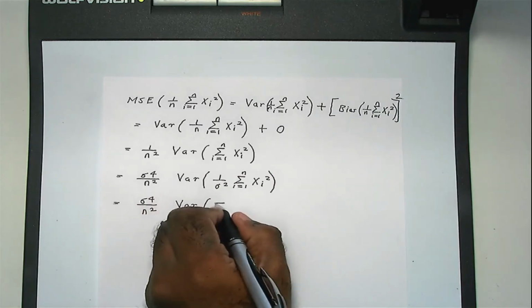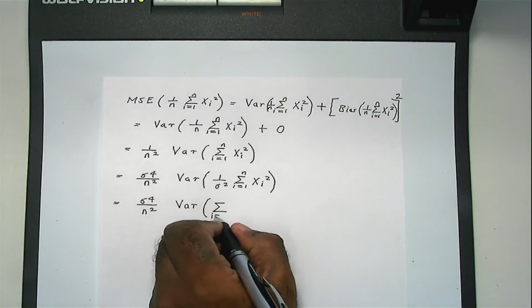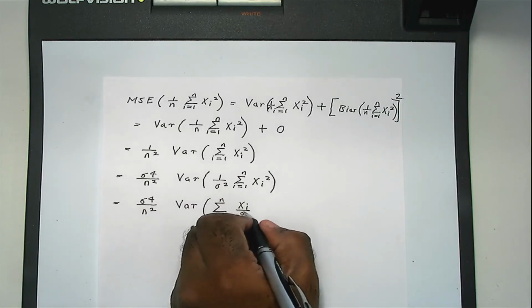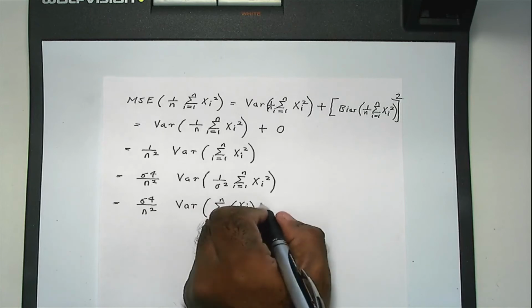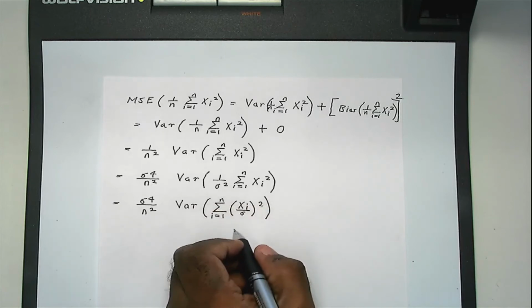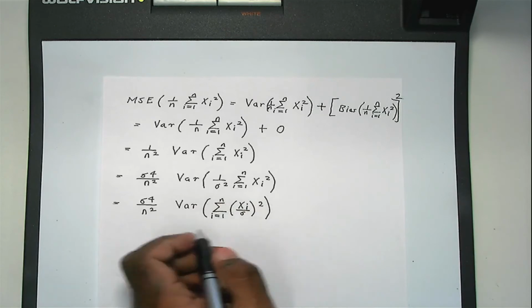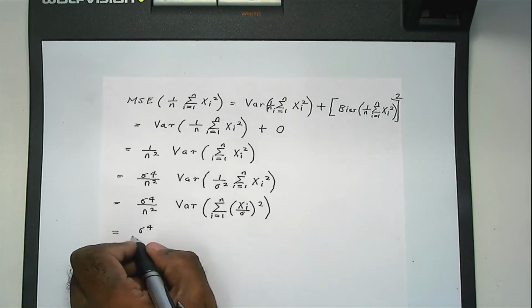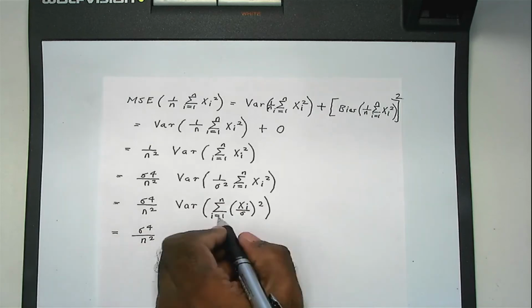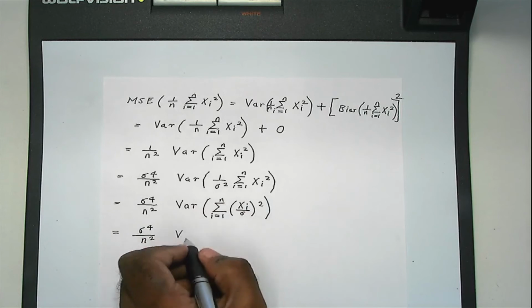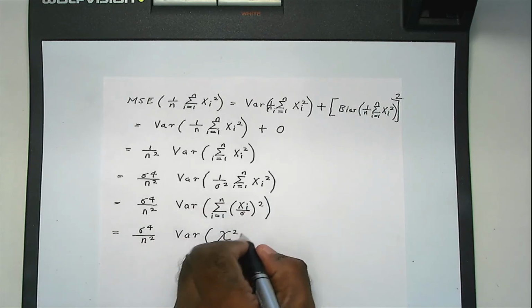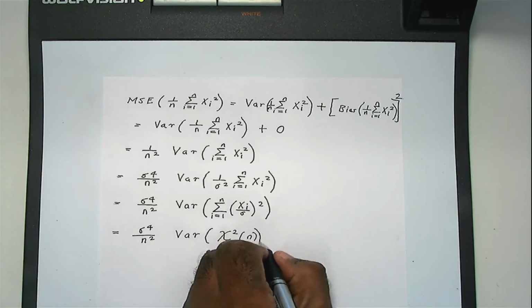of this. Now, using the property of chi-squared, the same property I used with the bias calculations, what you have here has a chi-square distribution with n degrees of freedom.